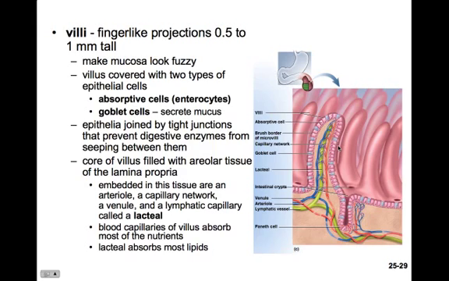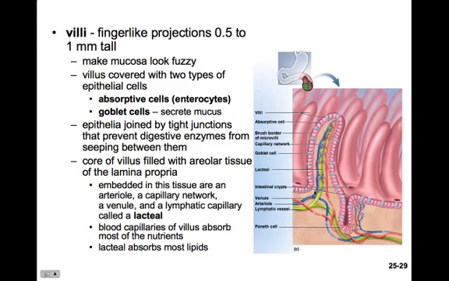All these epithelial cells are joined tightly by tight junctions, just as we saw in the stomach, which prevents the digestive enzymes and acidity from seeping between the cells and digesting ourselves. The core of the villus is filled with the lamina propria, which is predominantly areolar tissue.